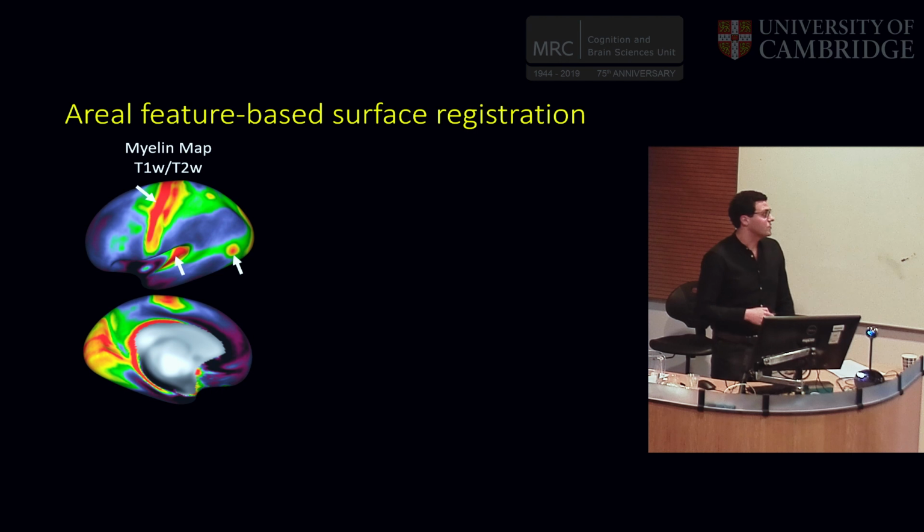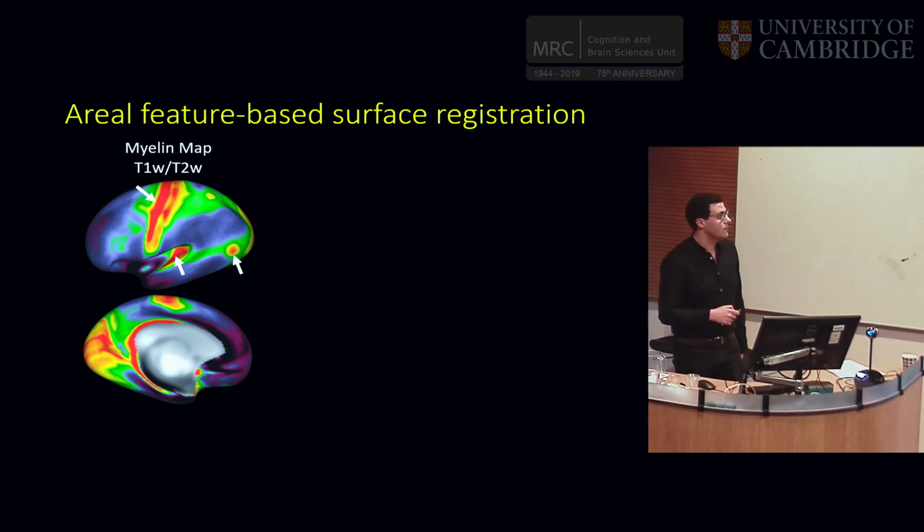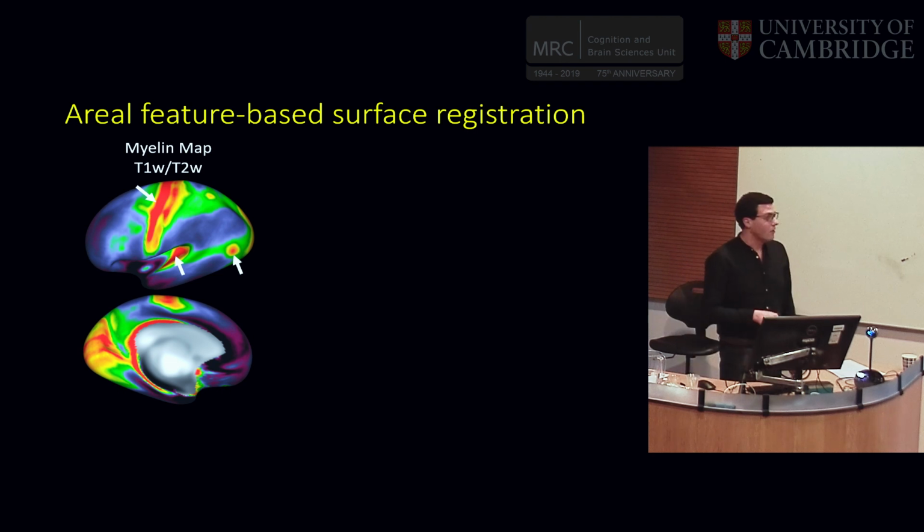If you take the ratio between a T1 weighted image and the T2 weighted image, you amplify the contrasts that are related to the myelin content, and you can already see some very nice patterns. For example, the somatomotor strip, the auditory cortex, and the MT visual regions are all highly myelinated. So these are already very stable features that can be used to align these areas across subjects. And the higher association areas have also interesting gradients.